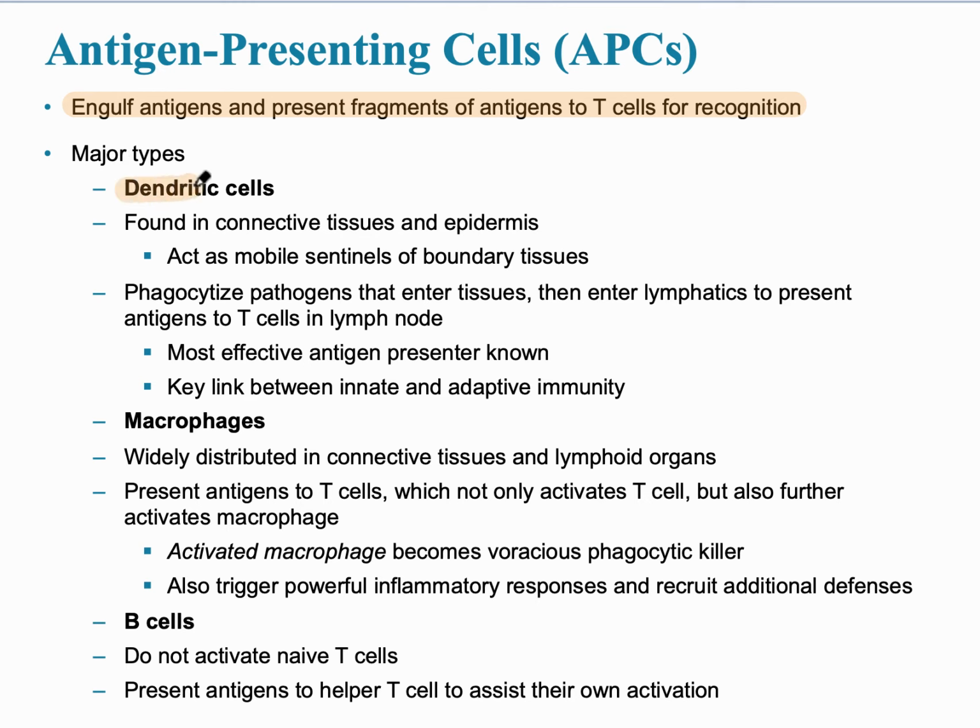The most common antigen-presenting cell is the dendritic cell, and it's the most effective antigen presenter that is known. The second type is the macrophage, and finally the B cell.